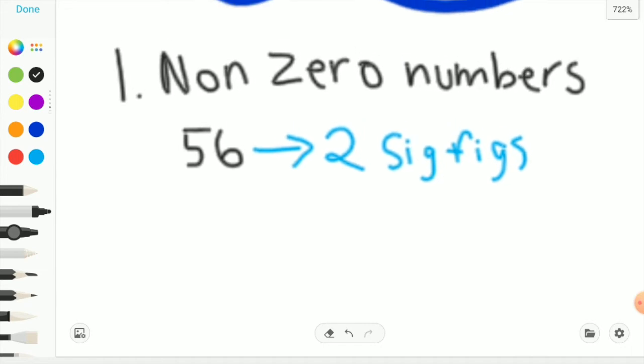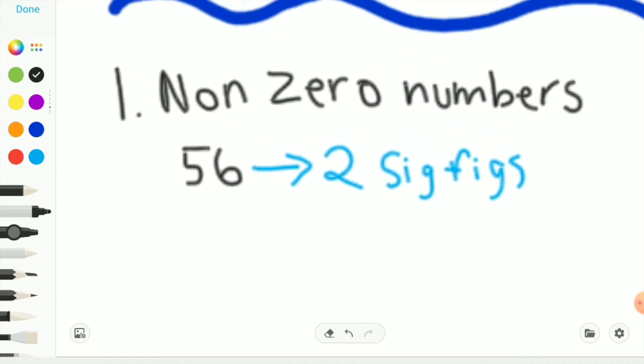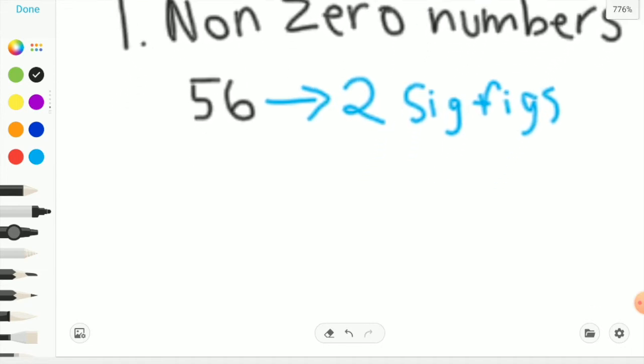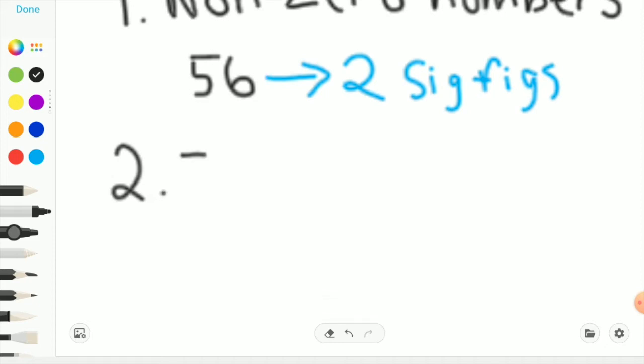Okay, and this basically works with decimals, any numbers. And then your second one would be if there are zeros placed in between 2 numbers.